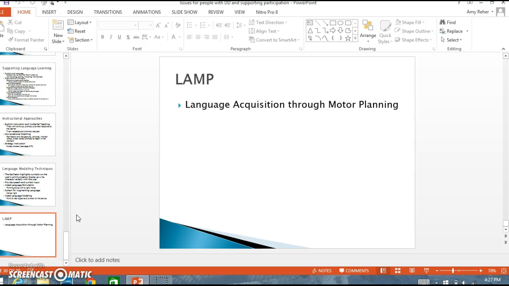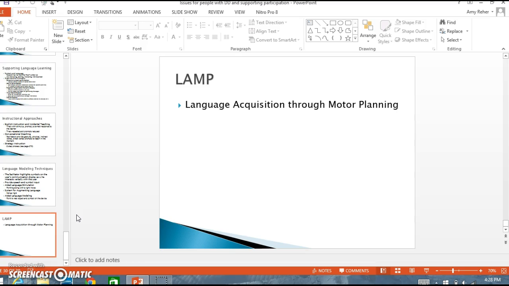The last one is a strategy that has quite a bit of research behind it. It's called LAMP, Language Acquisition Through Motor Planning, and there's actually an entire website devoted to the LAMP procedure. LAMP is typically used with PRC high-tech devices, and you will be hearing from the PRC representative in our 2-week on-campus time in July, and I'm sure that they'll talk about LAMP a little bit.